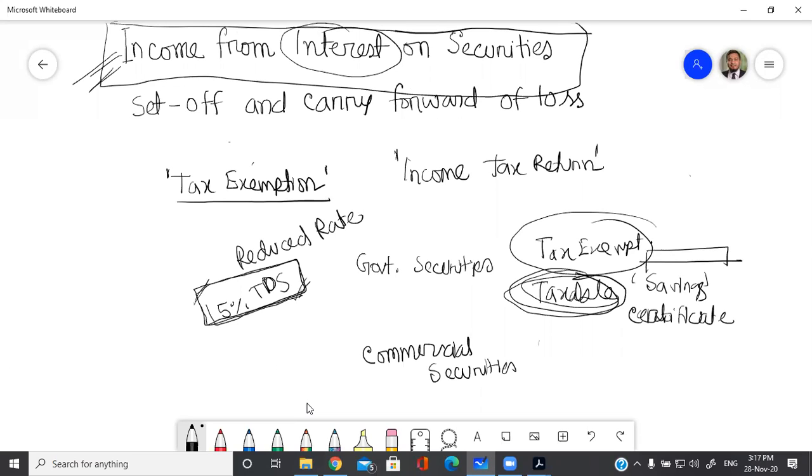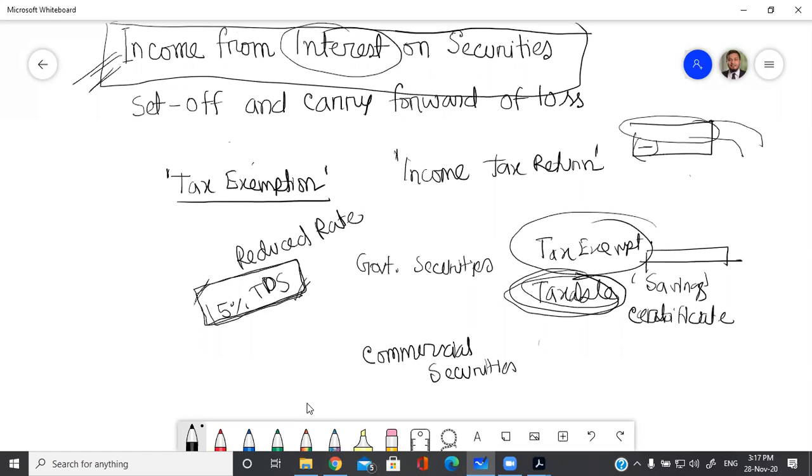So when you will calculate your total taxable income, the interest income from savings certificate will get excluded from here. Then you will calculate as usual taxes on this available income on which regular tax rate is applicable.